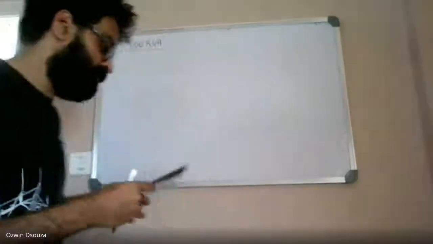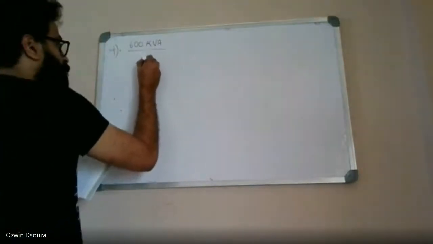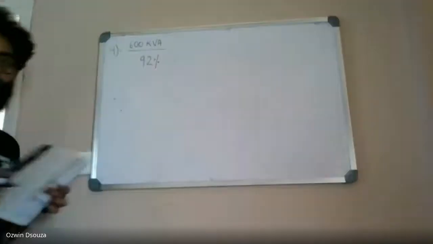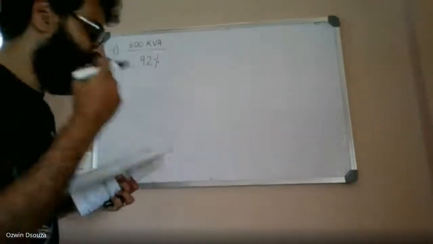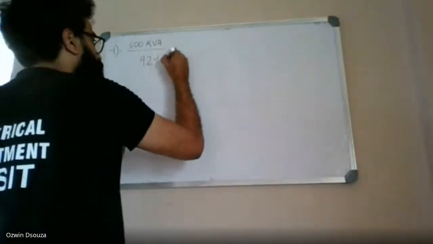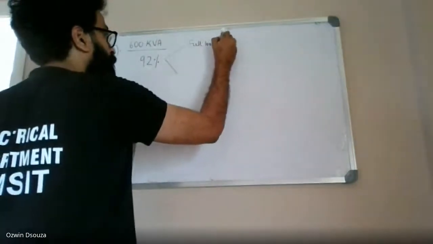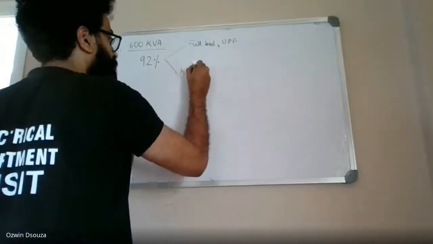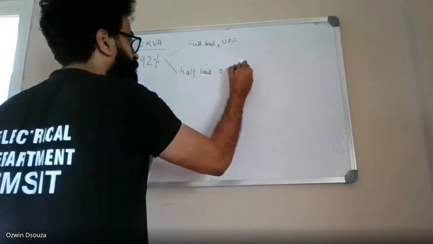A 600 kVA transformer has an efficiency of 92%, both at full load unity power factor and half load 0.9 power factor.